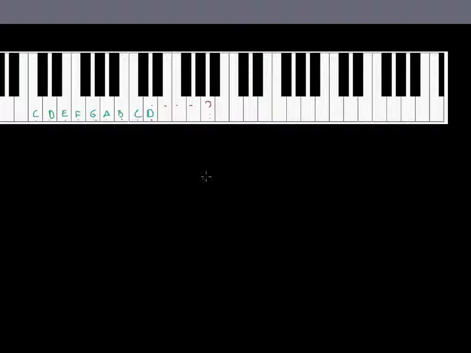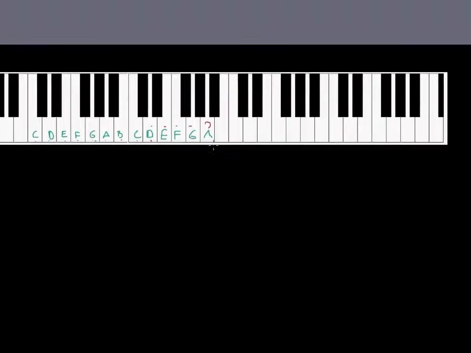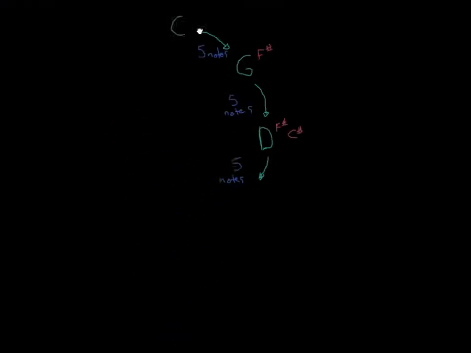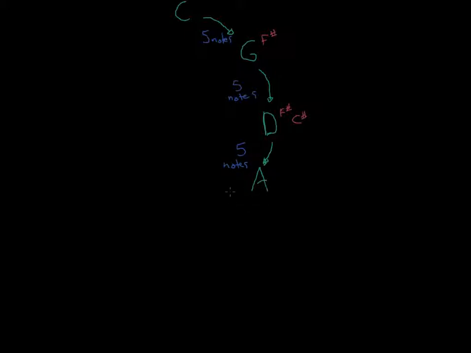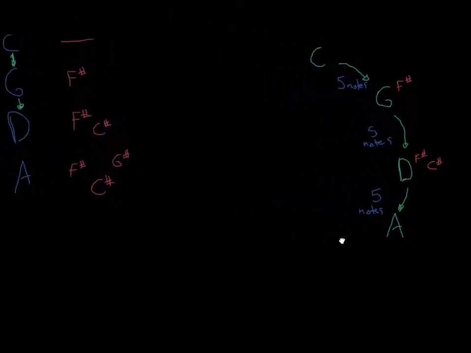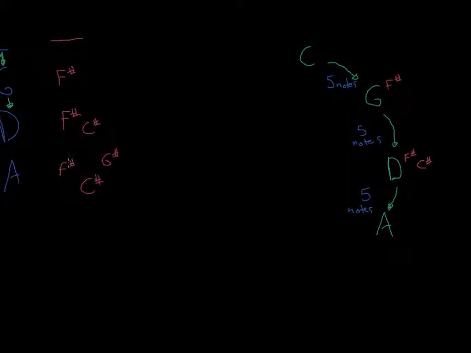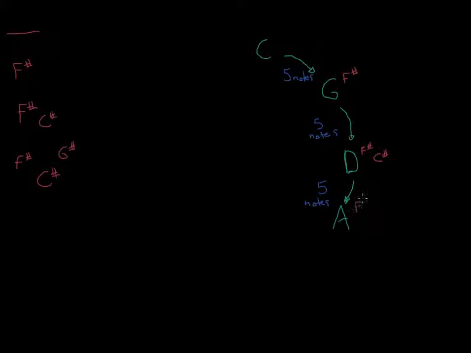So what's this note here? Well, let's work this out together. After D comes E, F, G. After G, sure enough, it is A. Well, let's go back down to here. It was A. Interesting. So A has an F sharp, a C sharp, and a G sharp. Well, that's very interesting.